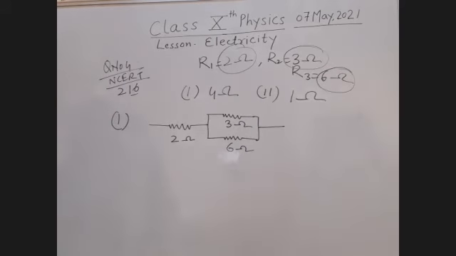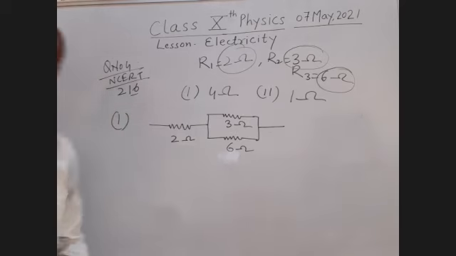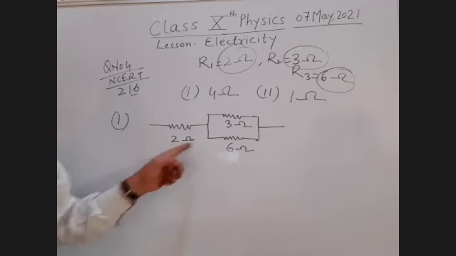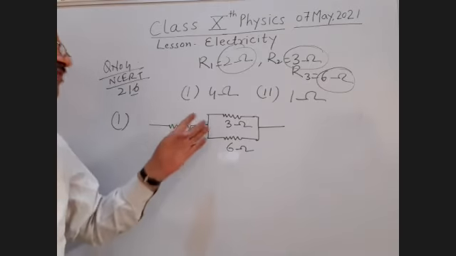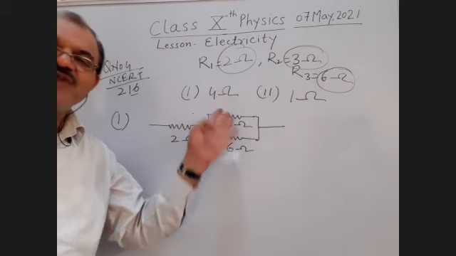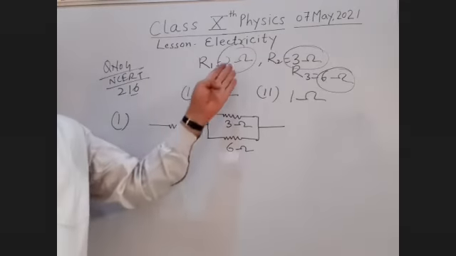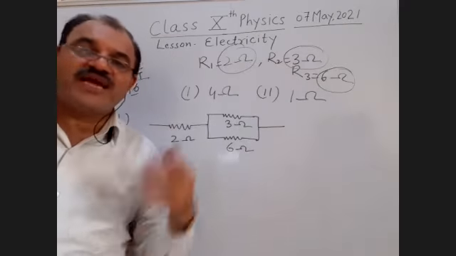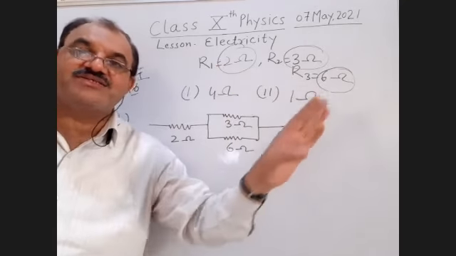Is it clear, students? Now, watch carefully for solving these questions. A 2 ohm resistance, and another 2 resistances. The reason is that I want my answer to be 4 ohm. If we look at these questions generally, 2 ohm, 3 ohm, 6 ohm, all 3 resistances cannot be connected in series. Why?